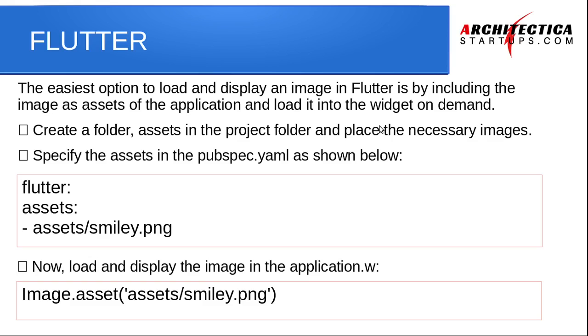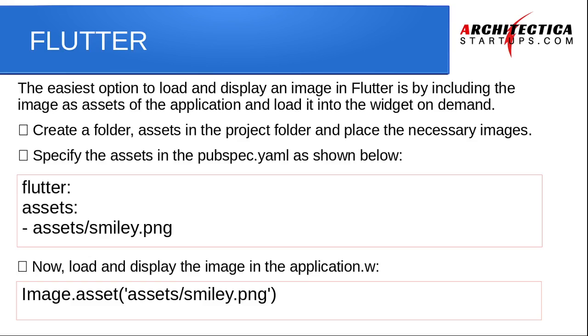We have to create an assets folder in the project folder, and add this in the pubspec.yaml file, so that Flutter can understand that we have the image folder as an asset folder. Otherwise it will not show you the image.